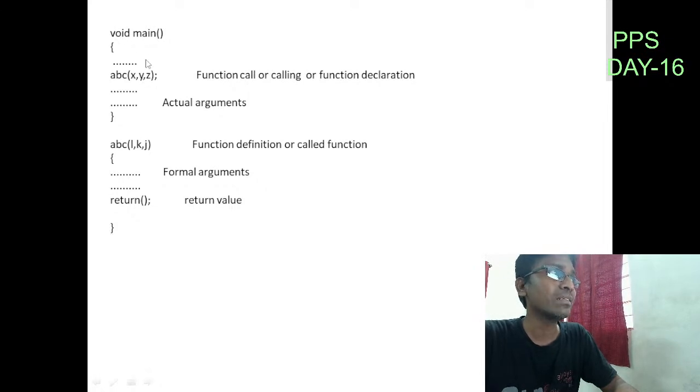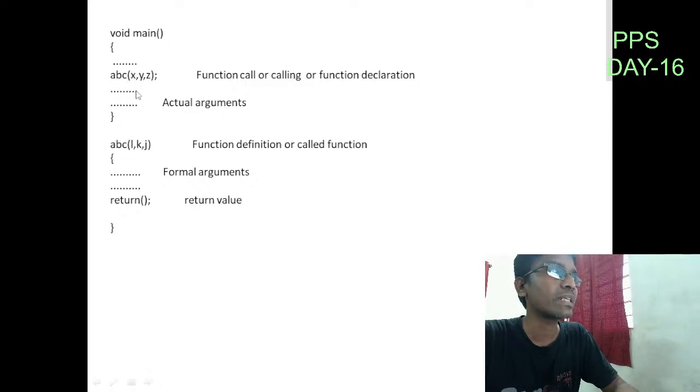So void main is a general main function. Inside the main function you can use function calling, followed by some parameters or arguments. How can you tell it is a function call? The function does not have any body. Here ABC is a function name and it does not have any body.